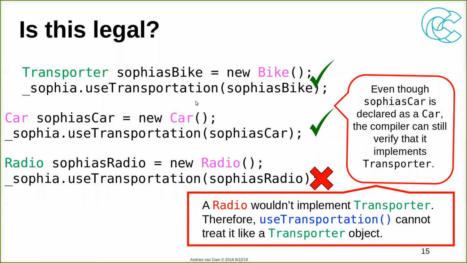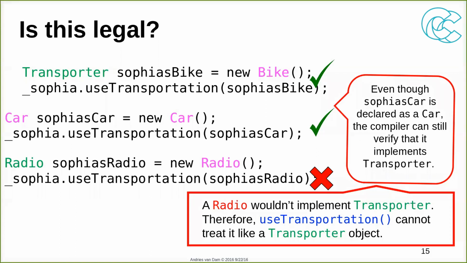Yes, if it is within use transportation, it can only access the methods declared within the interface transporter, because it gets converted into that transporter object. That's right. Okay, thank you.